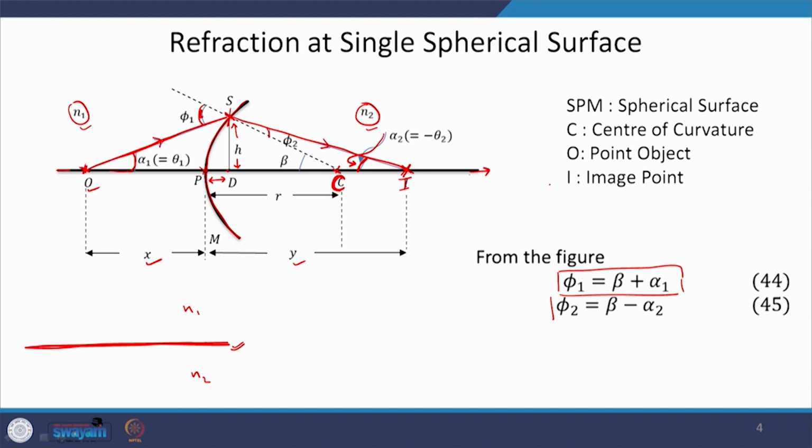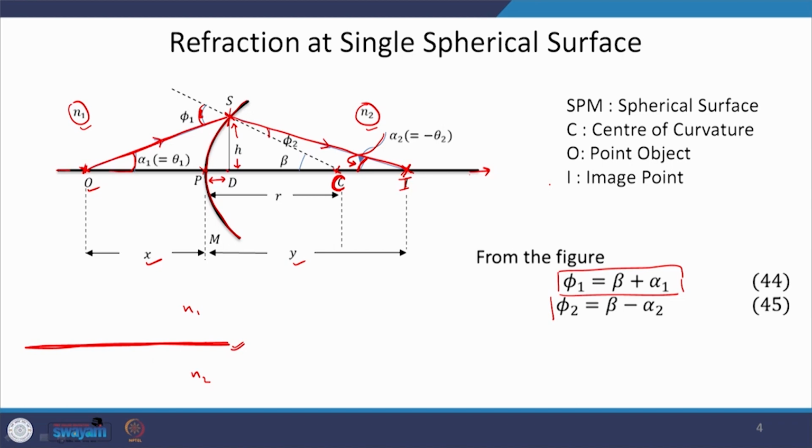Now, what will happen if we do not assume this paraxial approximation? If we do not resort to it, from point O the rays will emanate in all possible directions, and it would be extremely difficult or almost impossible to converge all these rays to point I. At point I, only those rays will be converged which are very close to the OI axis, or the principal axis, or axis of symmetry of this optical system.